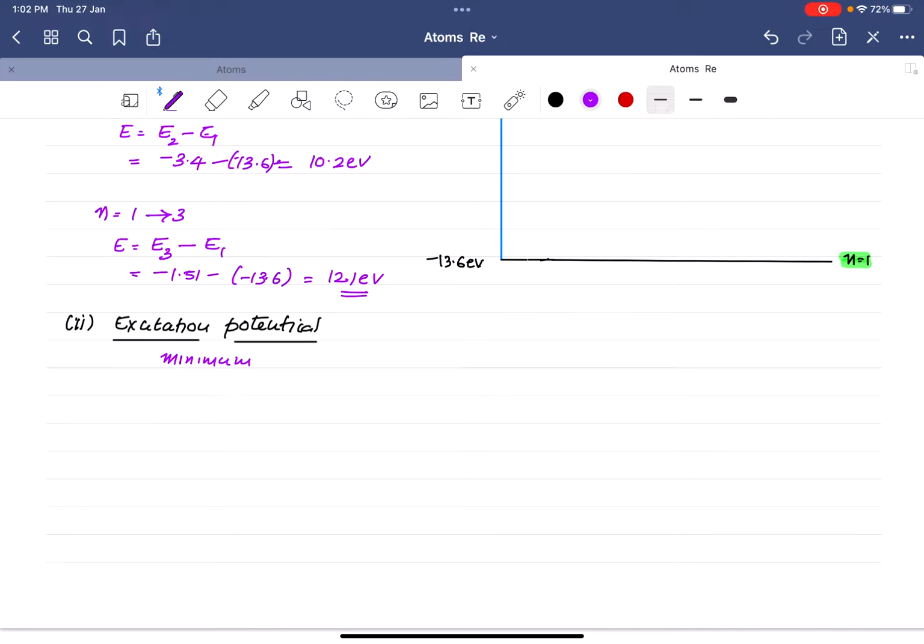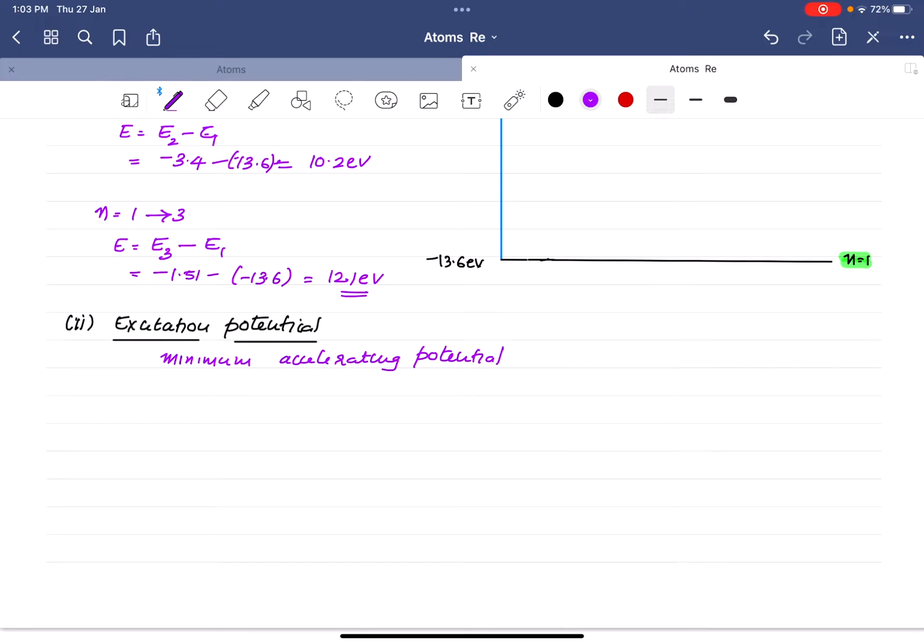Here you are providing minimum accelerating potential that you are going to provide to an electron to jump from the ground state to one of the outer orbits, or one of the higher stationary states. That potential you are going to provide is called as excitation potential. Calculating excitation potential is very easy.